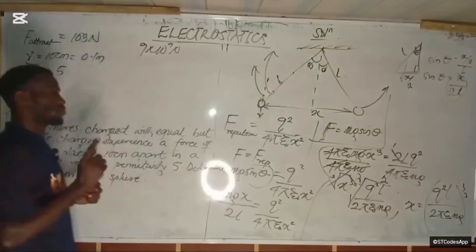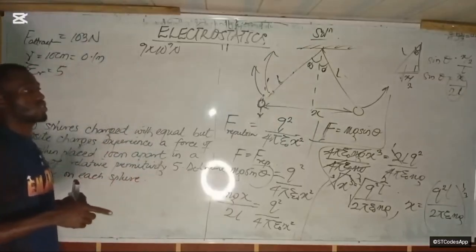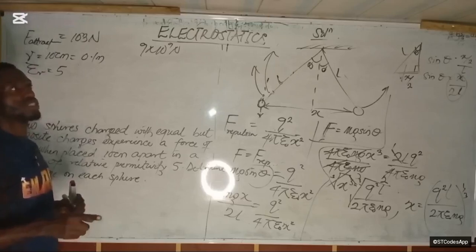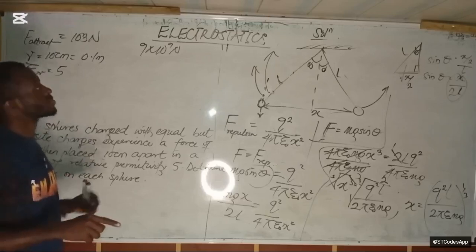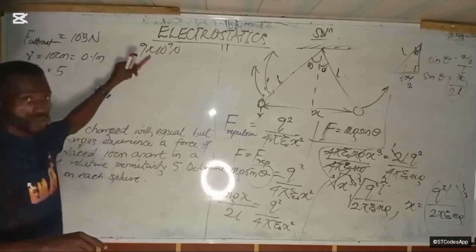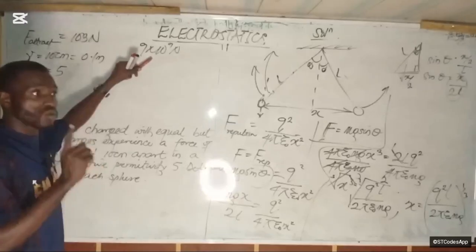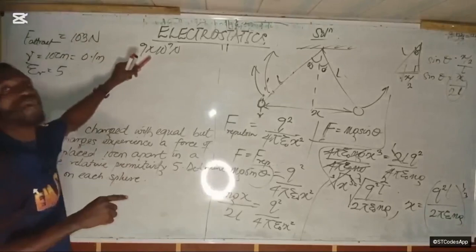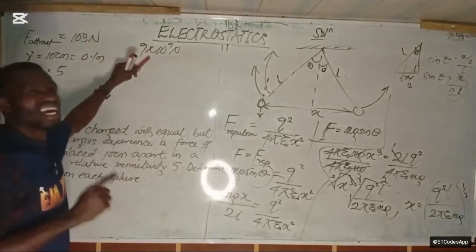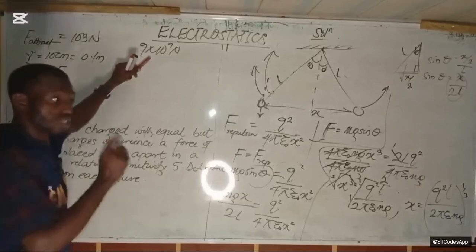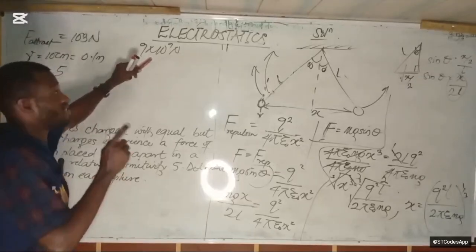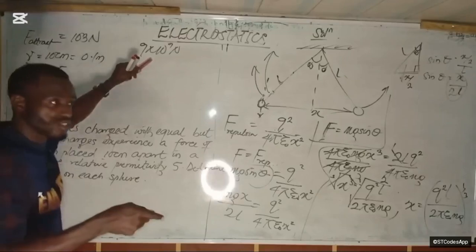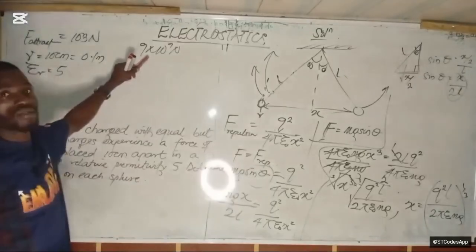A Coulomb of charge is the quantity of charge that experiences this amount of force when placed exactly 1 meter away from another charge of equal magnitude.